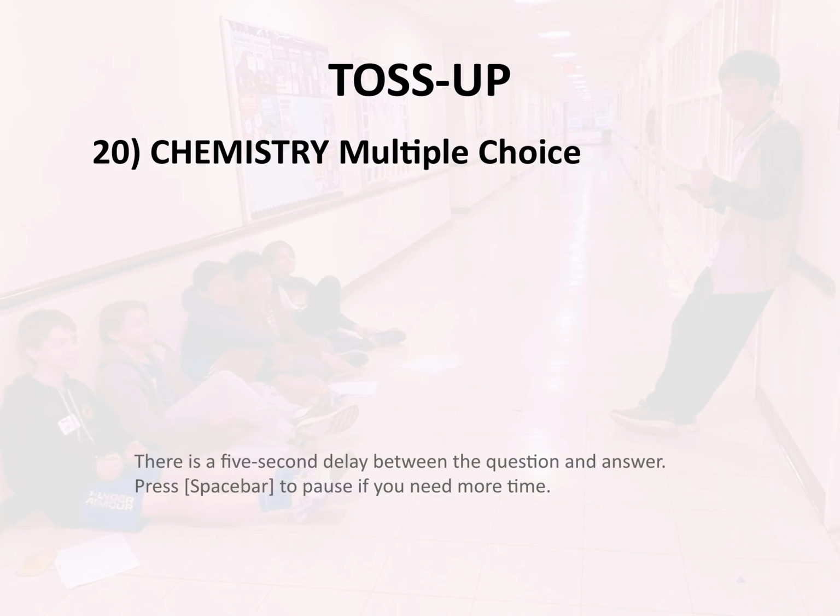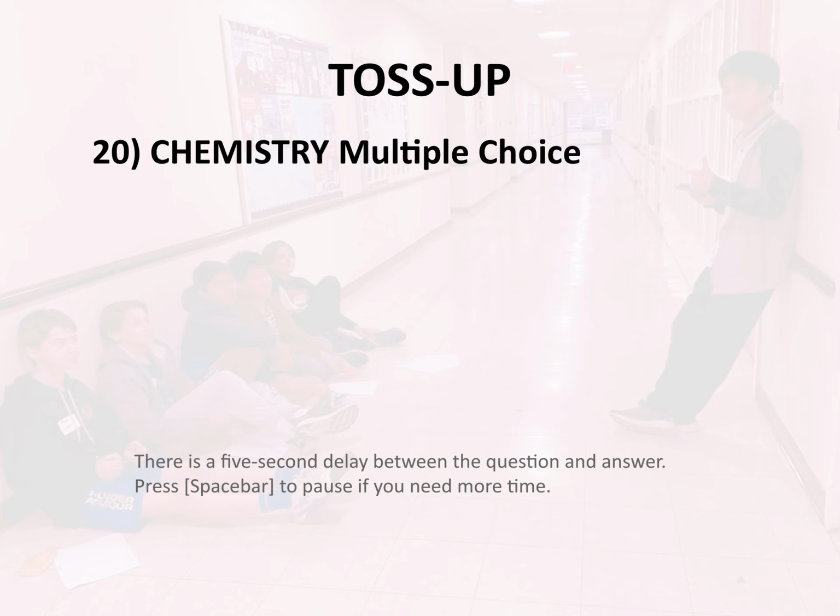Toss-up, 20. Chemistry. Multiple choice. Which of the following statements about Fisher projections is false? W. The structure may be rotated by 90 degrees or 180 degrees. X. For bonds to a chiral carbon, make a cross with the carbon at the intersection of horizontal and vertical lines.